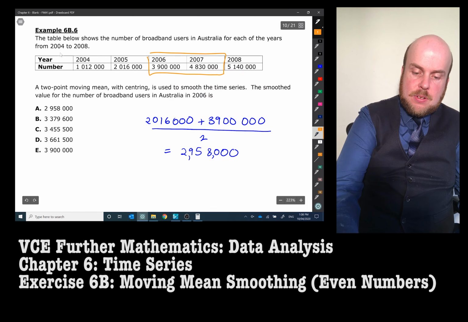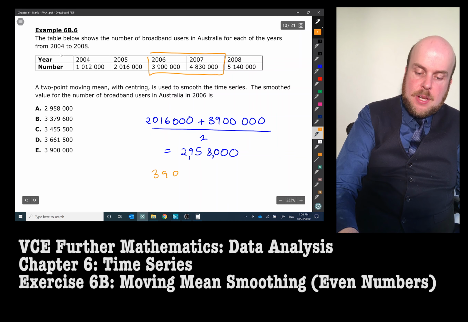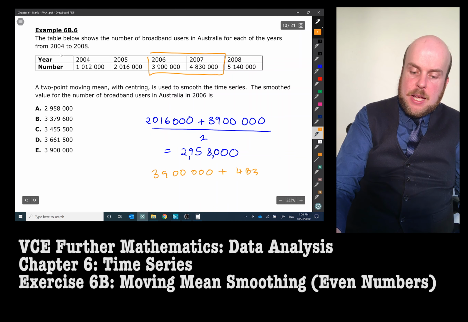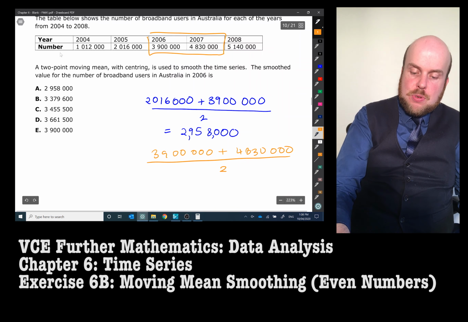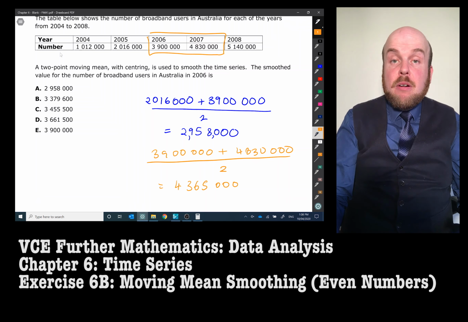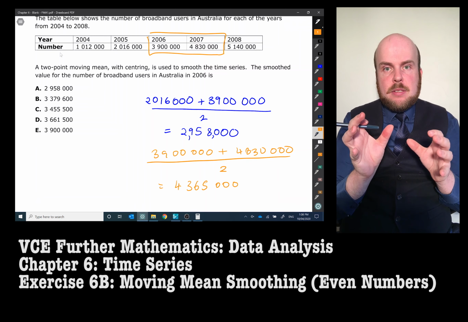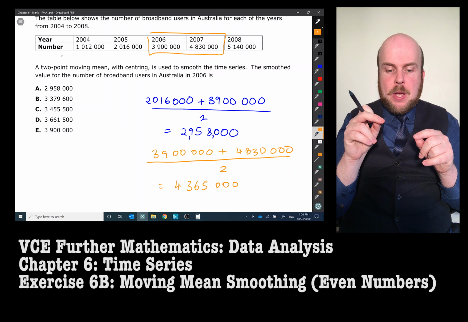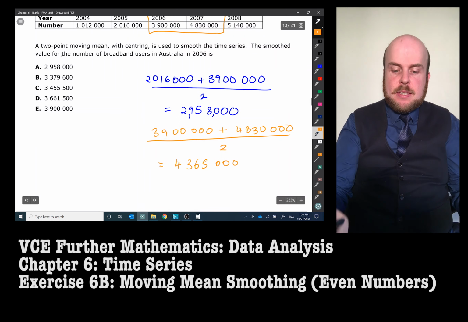So that's these 2. So 3900000 plus 4830000 divided by 2. When I plop that into the calculator, I get 4365000. So now I found the means of just those 2 points for whichever ones involve 2006.